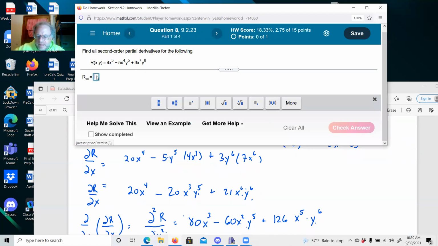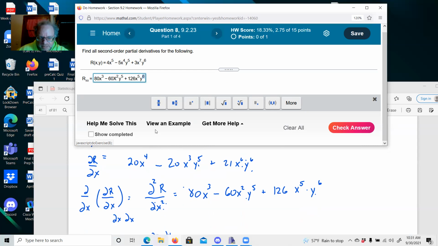We have 80x cubed minus 60x squared, thank you very much, y to the fifth, plus 126x to the fifth power, y to the sixth power. This should be good. This will be the last one for us today.